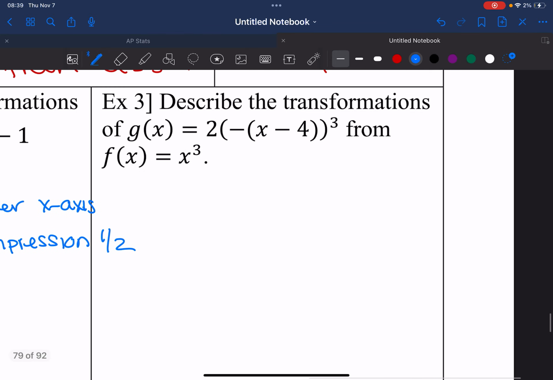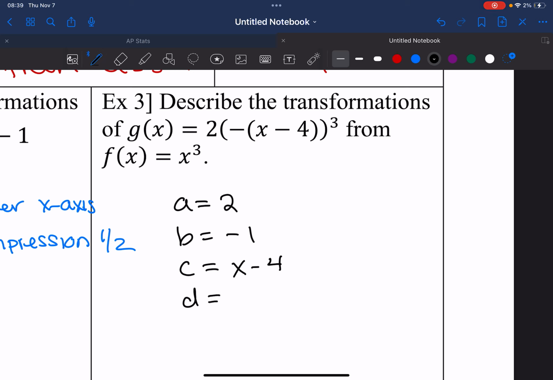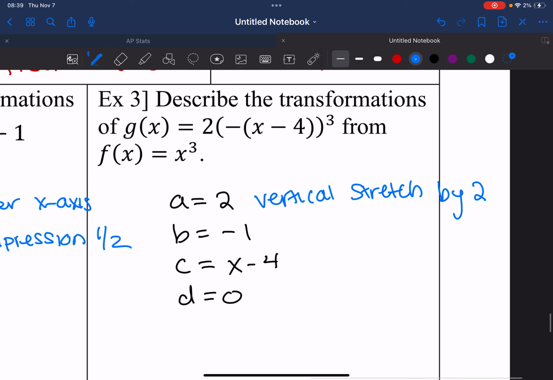Okay. Example 3, labeling our A, B, C, and D. So A is 2, B is -1, C is X minus 4, and D, notice we don't have a D value, so we assume it's 0. Okay, the A equal to 2 says we're going to have a vertical stretch by 2.